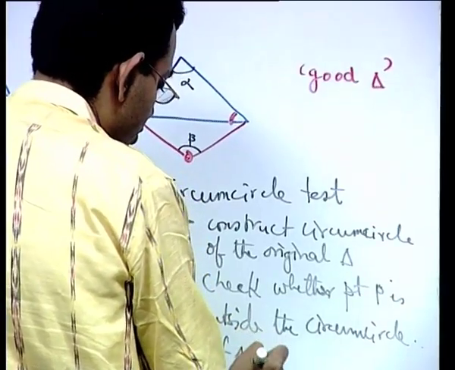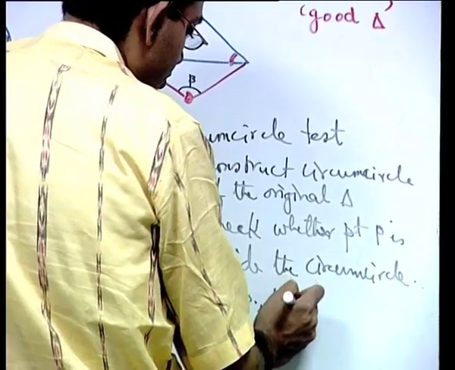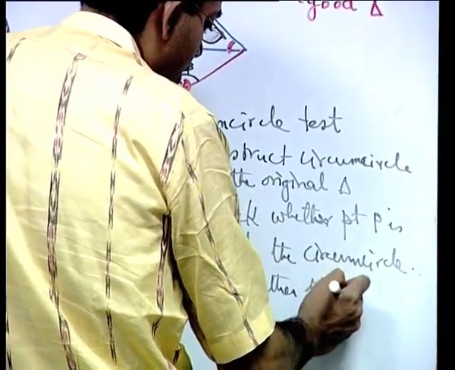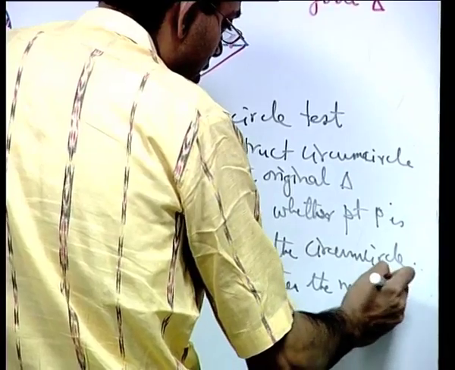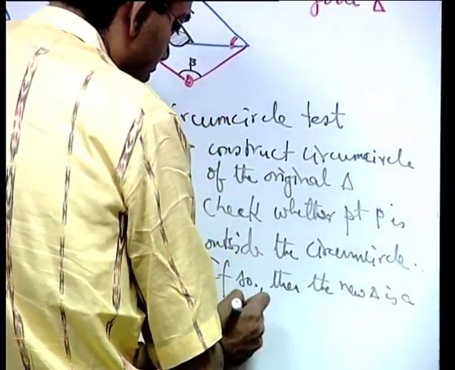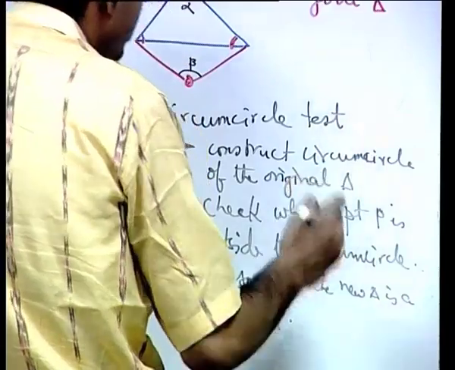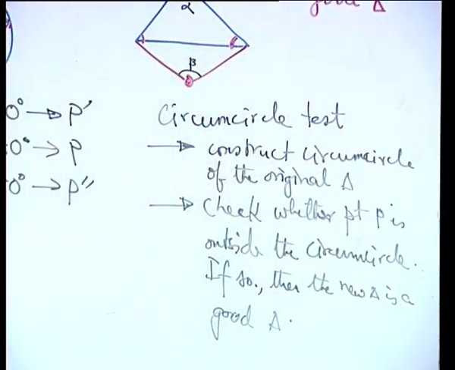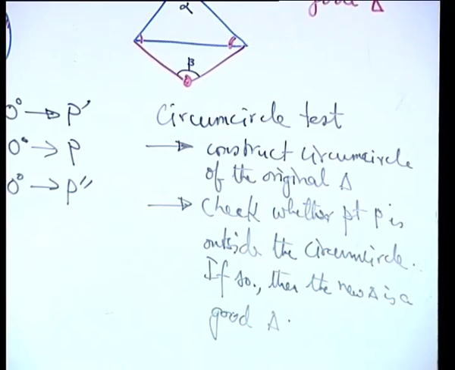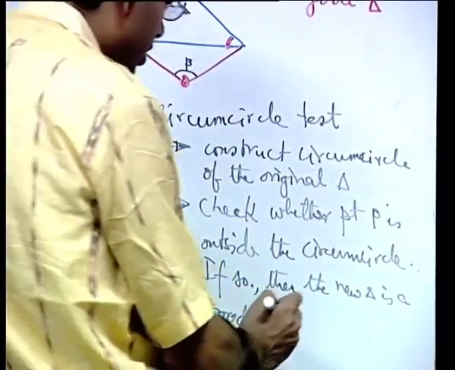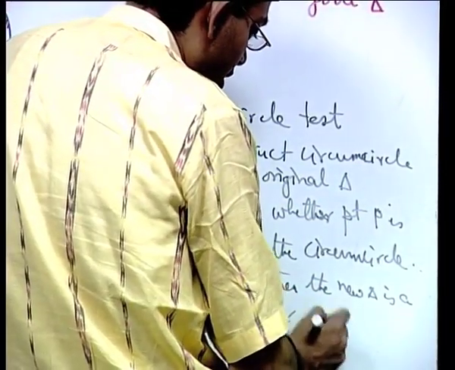If so, then the new triangle is a good triangle. So, good triangle will imply that not small interior angles.